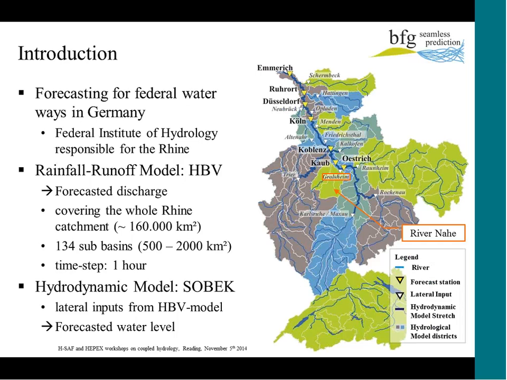Here one at the Main River head catchment, and the River Lahn, and also the River Nahe, which I will talk about in this presentation. And the HBV model runs on a 1-hour time step and provides lateral inflow to the hydrodynamic model, the main river reach, which then is used to make water level forecasts at navigationally relevant gauges along the river.